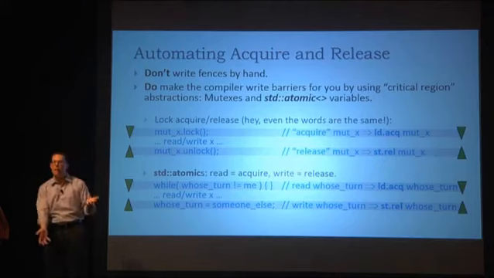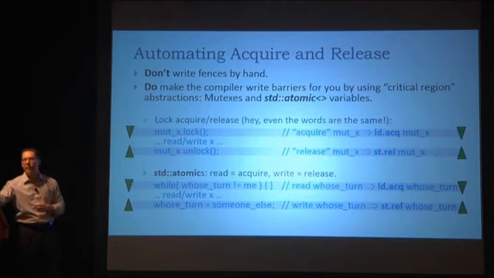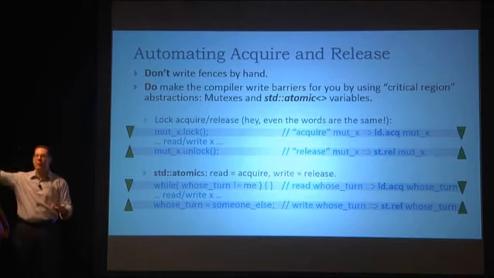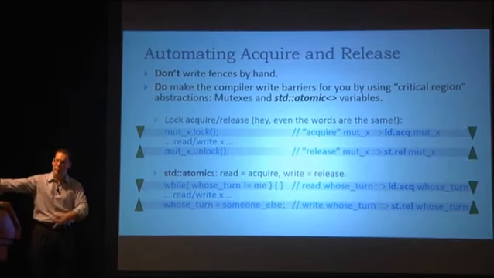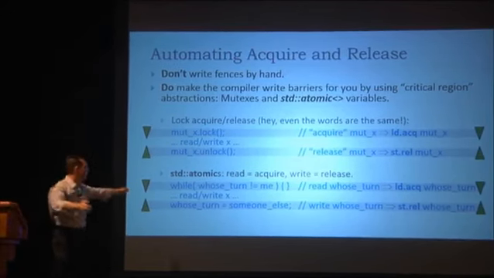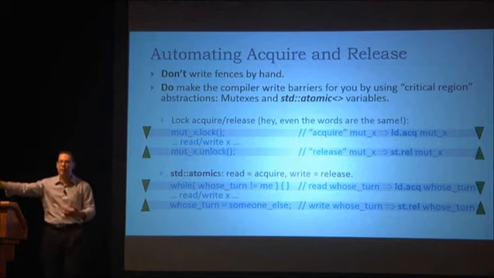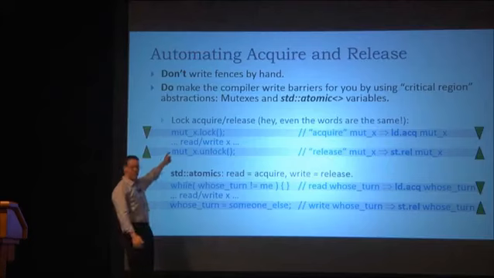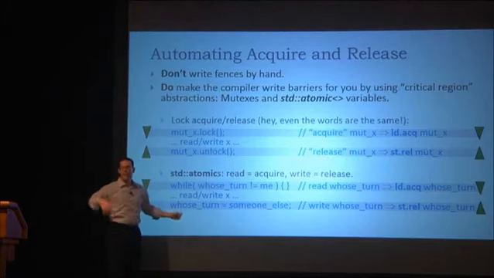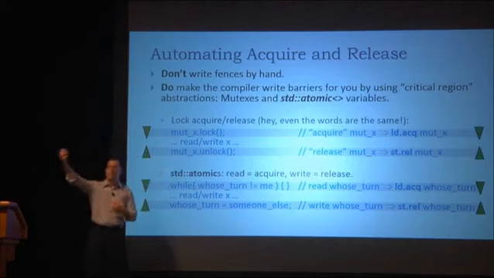So there may not be a next release there, because you're not releasing it for somebody else now. You want to release when somebody else is going to pick up the baton, acquire the mutex, or acquire exclusivity on whose turn to do more stuff. And then you'd better release it, otherwise if you don't write this release, that person will never get a chance to run. So you do the release when it's now going to be somebody else's turn.